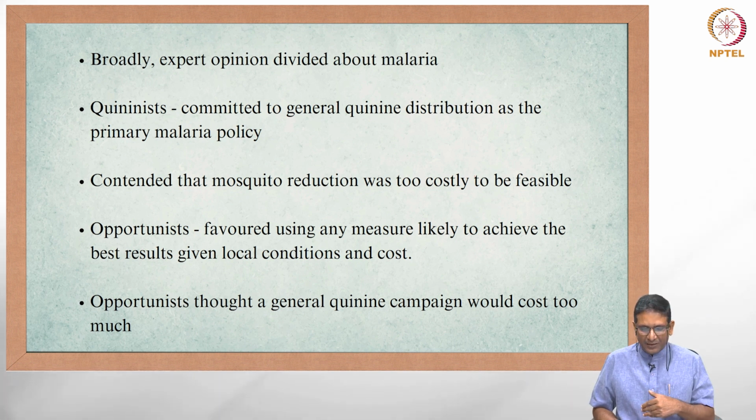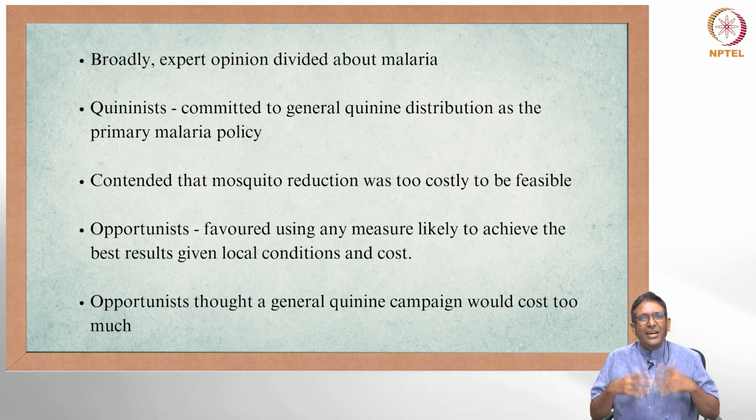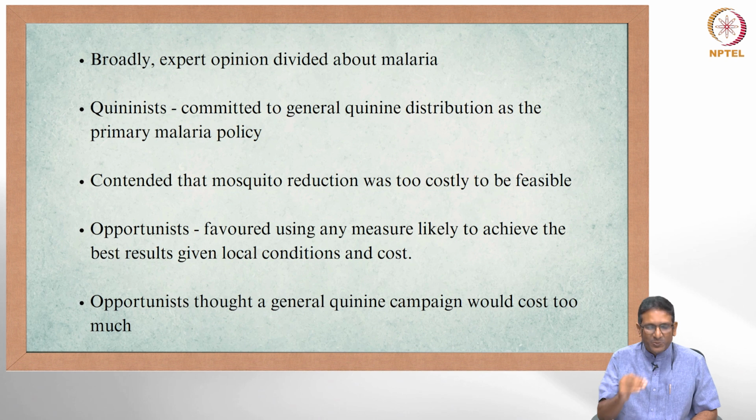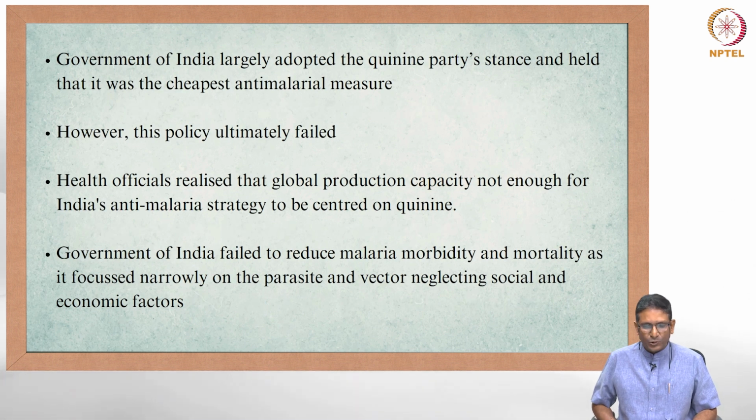Of course they were particularly interested in mosquito eradication, though they were not obsessed. They were also open to quinine. They also kept highlighting the mosquito eradication option, or any option. Instead of being narrowly obsessed only with quinine, the opportunist side felt that the quinine campaign would in fact be more costly.